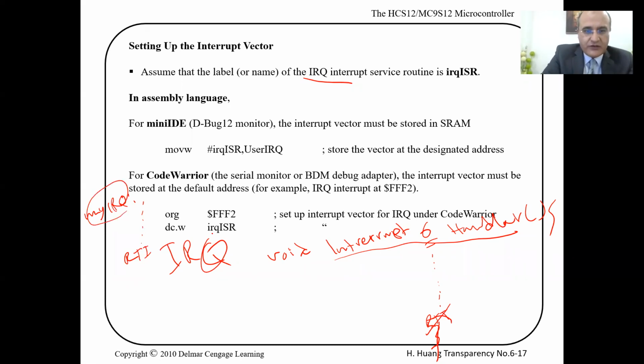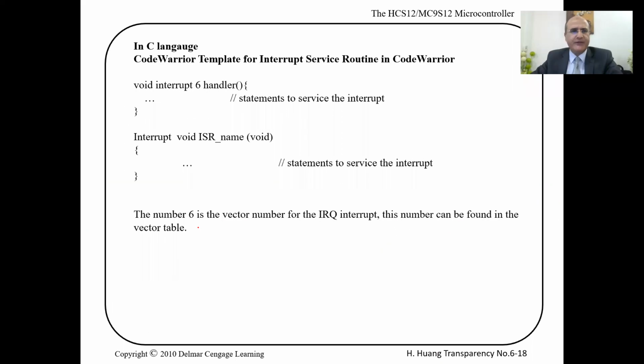You just put my IRQ here, or if you have the number, just put it here. It has to be here. Stop me if you have questions. I think I showed this part last time.